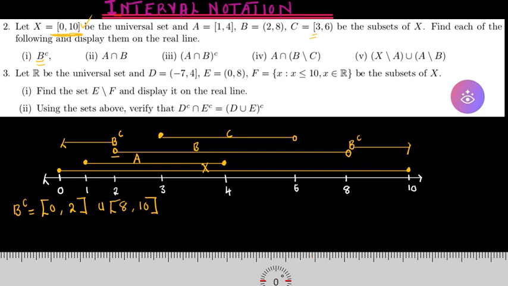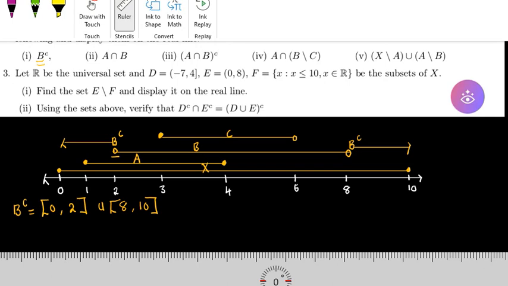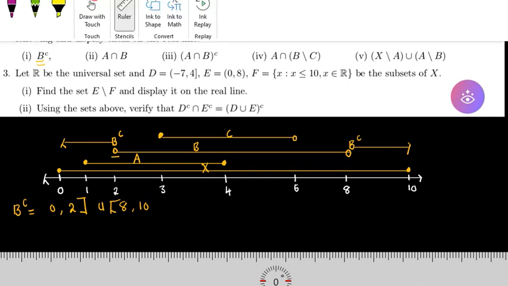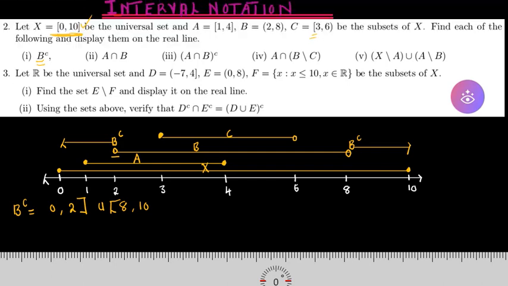Okay, so let me just try to make this correction so that I don't confuse people. Whenever I'm dealing with the complement, take note of that. Whenever I deal with the complement, when something was included in the first place, it should not be included in the complement. So in this case, 0 was included before the complement, so this time around it won't be included. 10 was included before the complement.